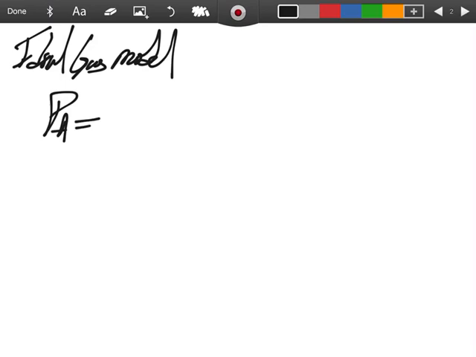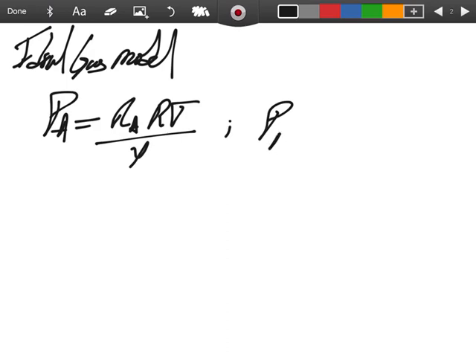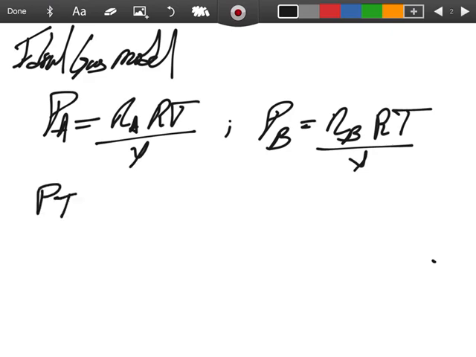Simple, I'm only going to require the number of moles of A times RT over V. And in the same case, I can model PB as the number of moles of B times RT over V. Now, let's remember that PT, the total pressure, is going to be PA plus PB. So probably it would be convenient to make a substitution with the ideal gas model and see what we will get.